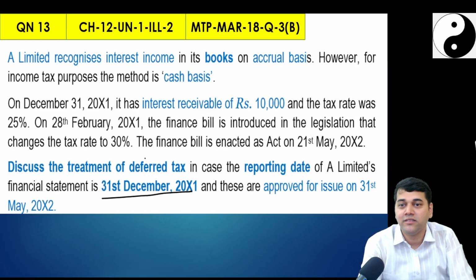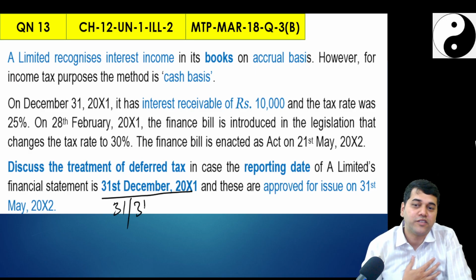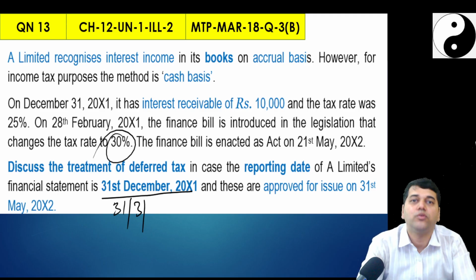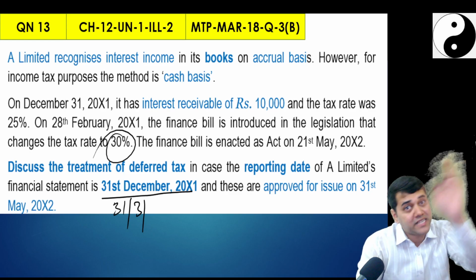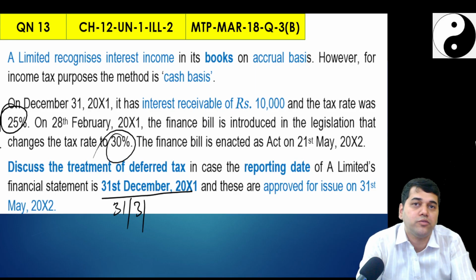The catch here is, if we were talking about an Indian company whose reporting date is 31st March, yes, you would have taken 30%. Look at the catch now. What is your reporting date? Your reporting date is 31st December. On that day, did you have any tax rate which is substantially enacted? No. So you are going to use 25% only.